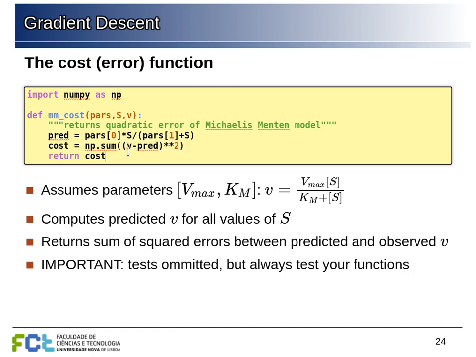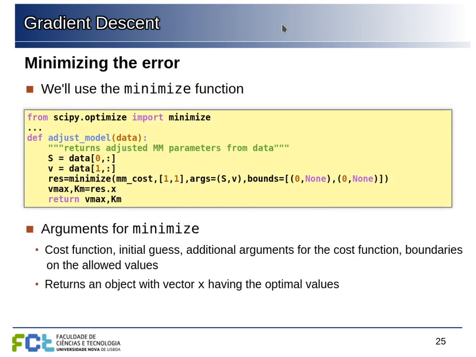So this would be the cost that we have here. Note that you should test your functions before continuing with the code and combining them with other functions. I'm going to omit that, but that would be an important step when you're writing code. So now we're going to use from the SciPy library, there is this optimize module, and we're going to use the minimize function.